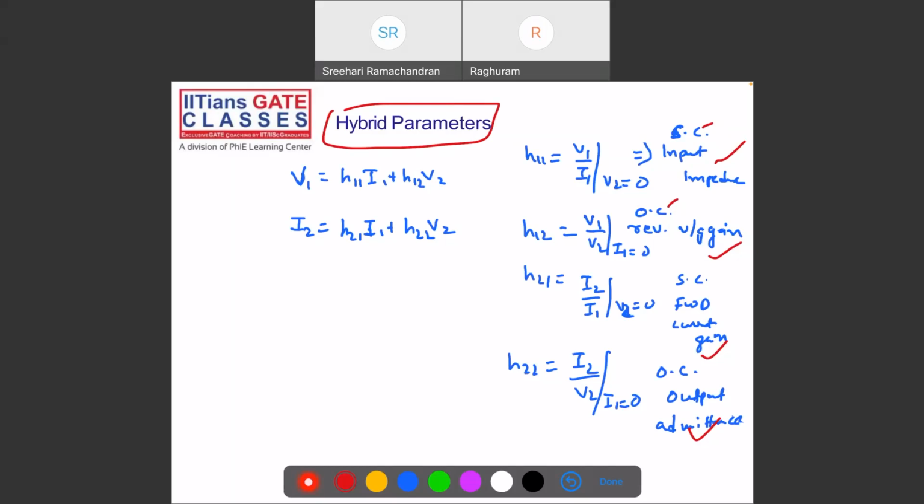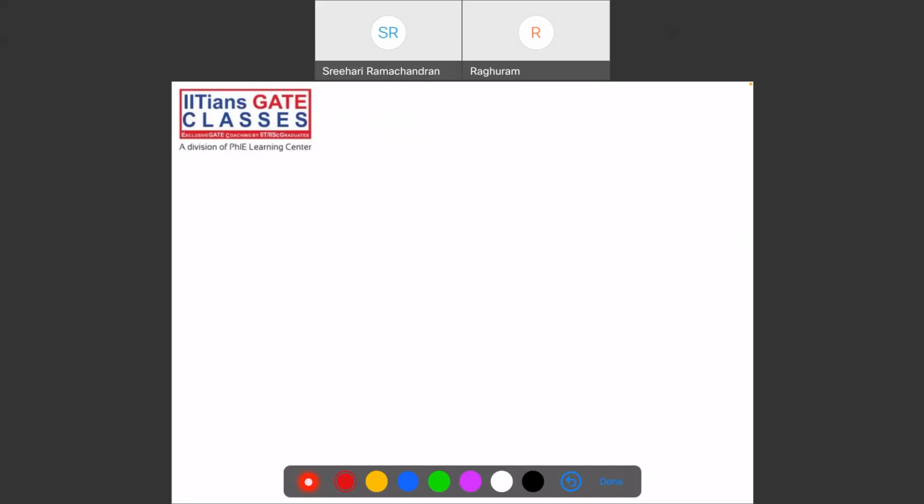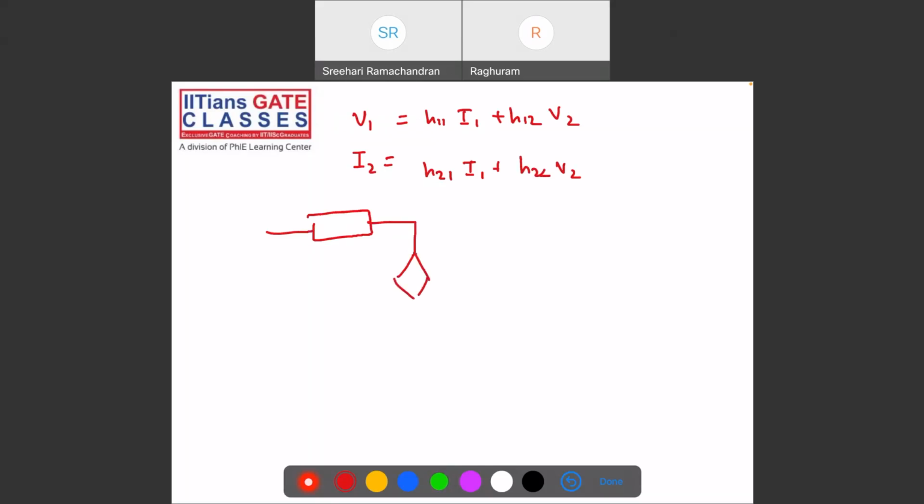So if I write down the equivalent circuit, this is I1 plus V2, H11, H12, H21, H22. It is something like this. This is a hybrid one.